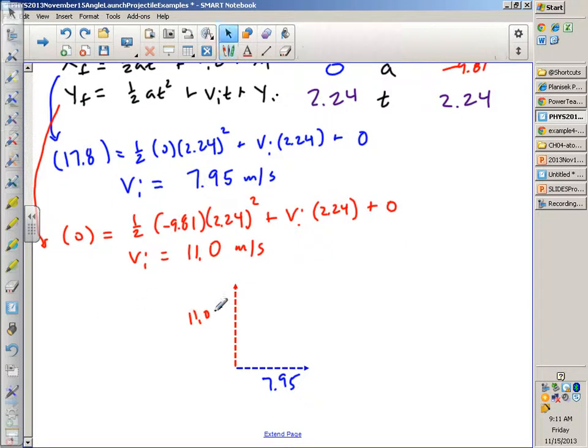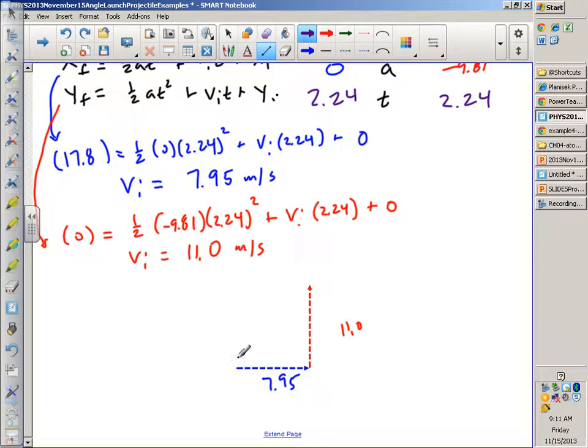Pythagorean theorem. Make this into a triangle. Second one starts where the first one ends. Does it matter which one's the first and which one's the second? Not really. But then the resultant is the hypotenuse of that triangle.